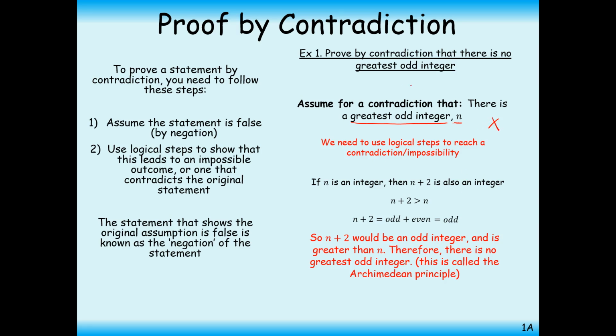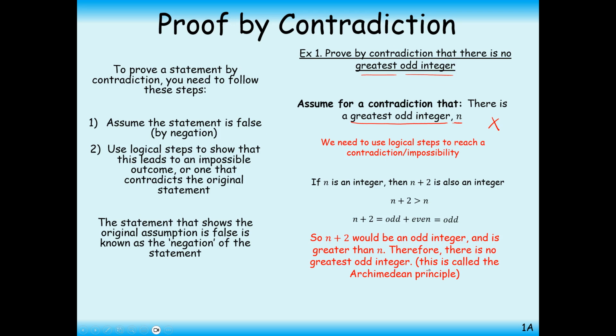Therefore, the original statement that we don't have a greatest odd integer is the correct assumption. So n plus 2 would be an odd integer and is greater than n. Therefore, there is no greatest odd number.